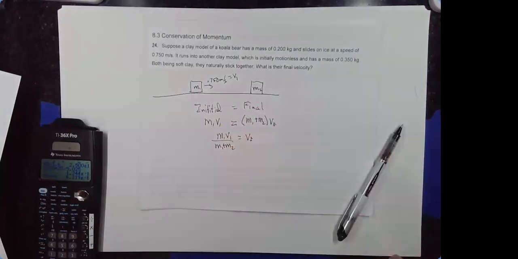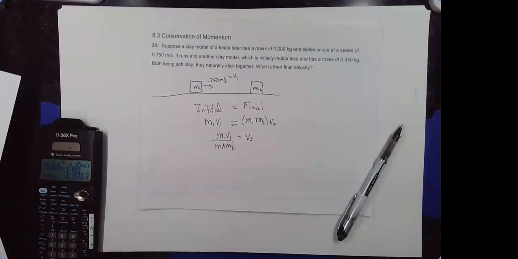Notice solving a problem like this, I'm not even mentioning Newton's third law, which is what conservation of momentum depends on. I'm not mentioning Newton's second law, where we'd have forces and accelerations. I'm not sticking time into it because I don't know how long this collision lasts.